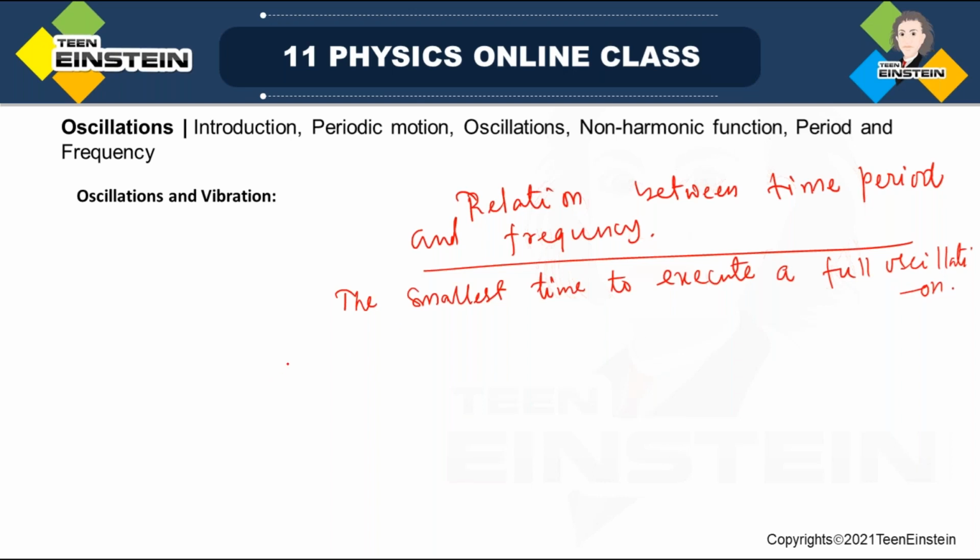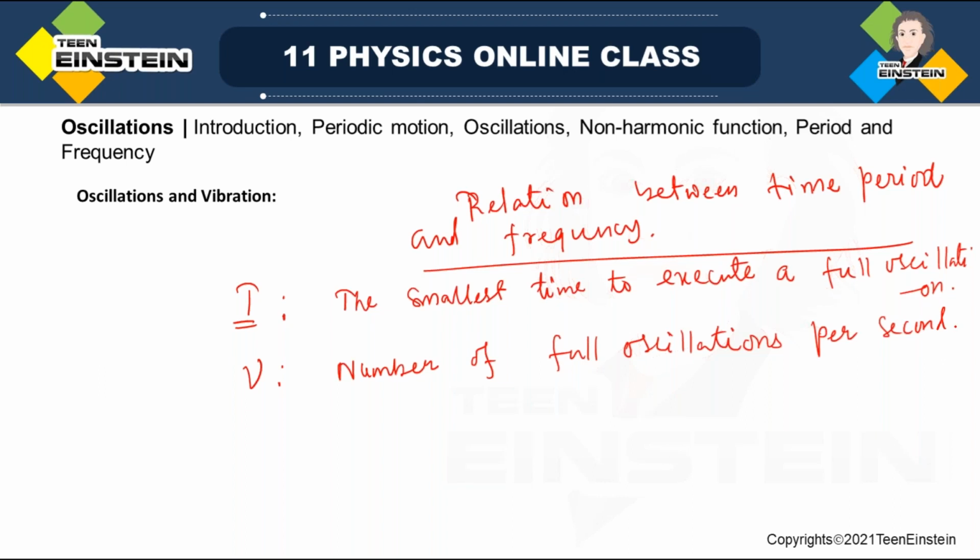Okay, now frequency means what? So this is actually time period. What is frequency? Frequency is the number of full oscillations per second.